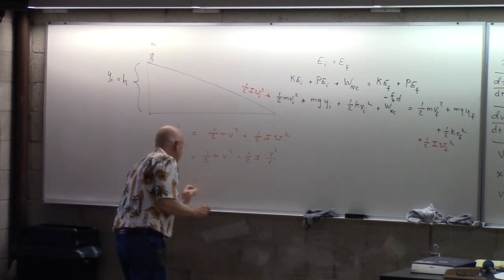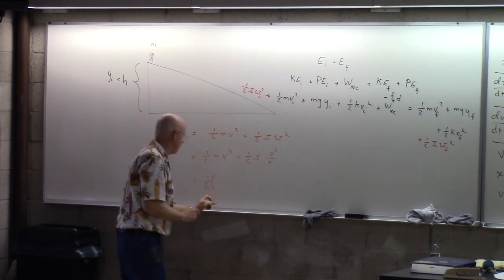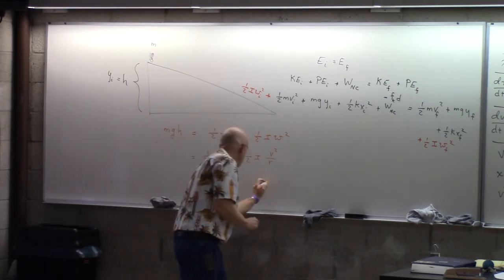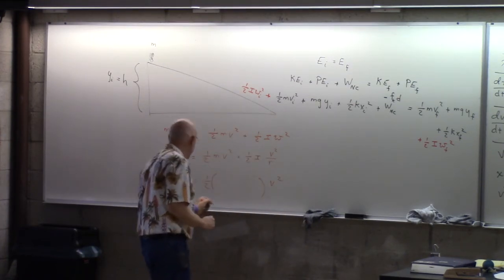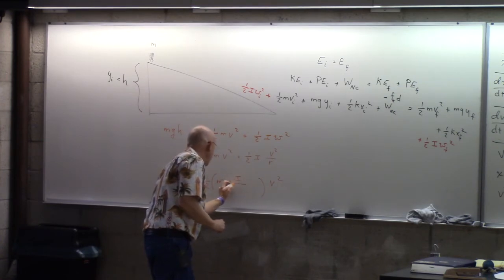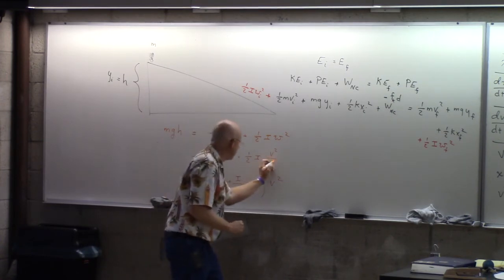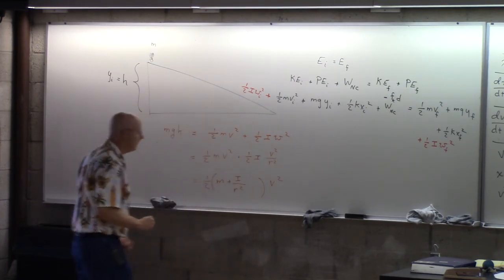And if I were then to factor out a 1/2 and factor out a v squared, I would have m plus I over r squared.